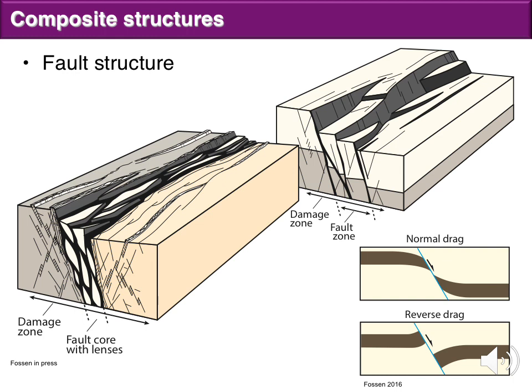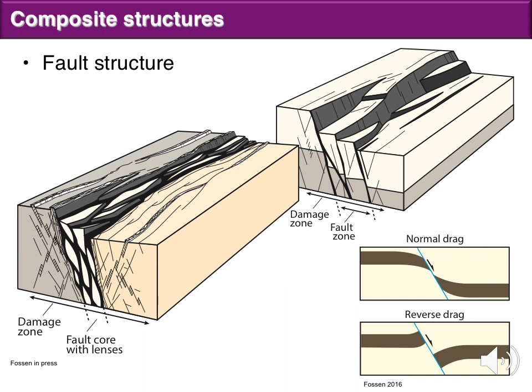There are different ways of describing and classifying a fault in terms of its internal structure, because there's a lot of variation. But one is the upper right figure showing a fault zone with several parallel fault shear features and smaller scale features around in what's called the damage zone.